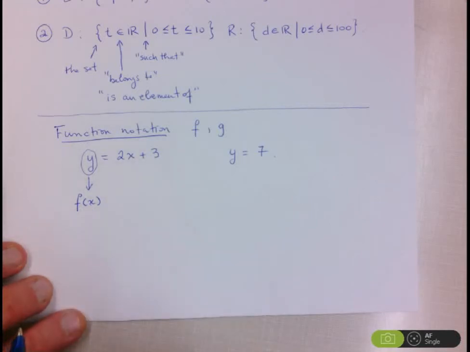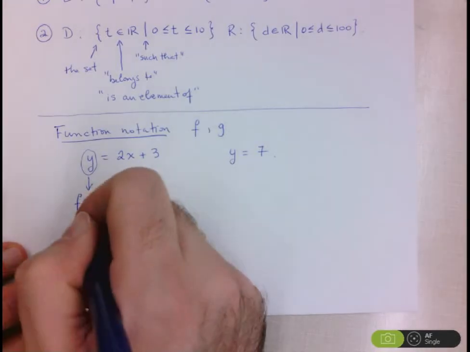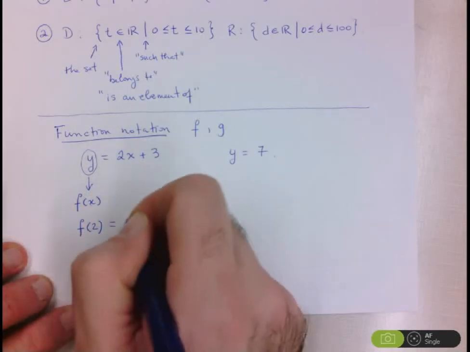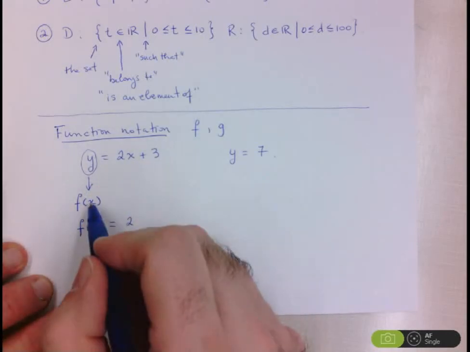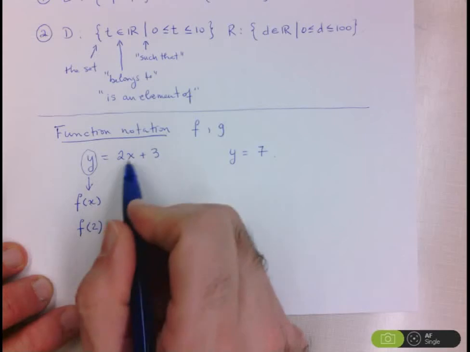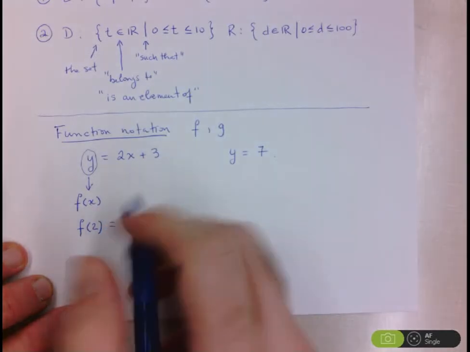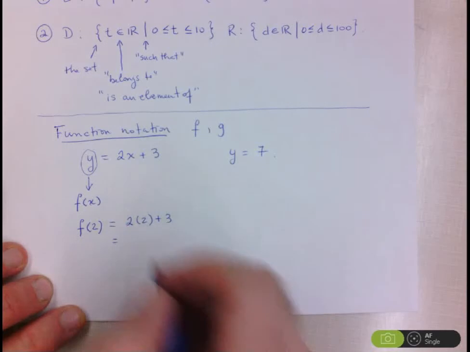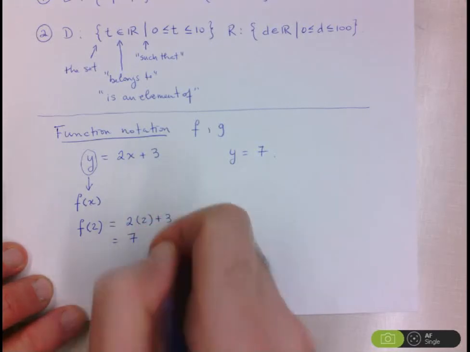Okay, so if I'm looking for the y value when x is equal to 2, I would write f at 2. So what I do now is wherever I see an x in my equation, I now replace it by 2. So 2 times 2 plus 3, and so f at 2 is equal to 7.